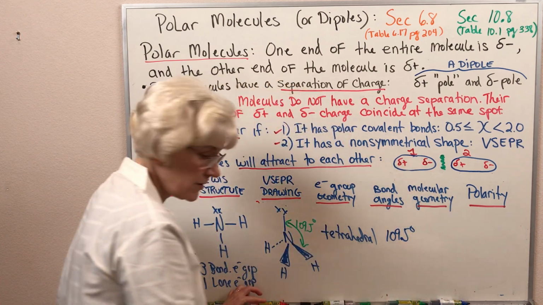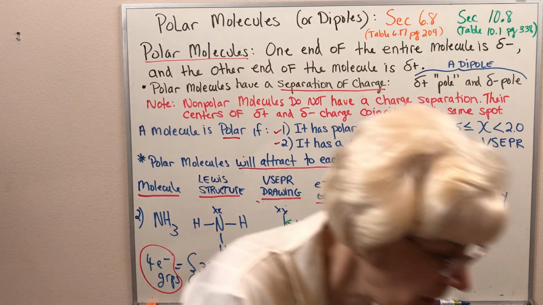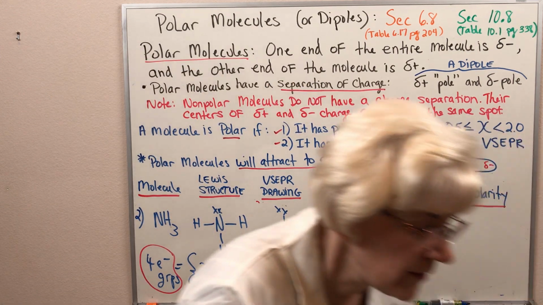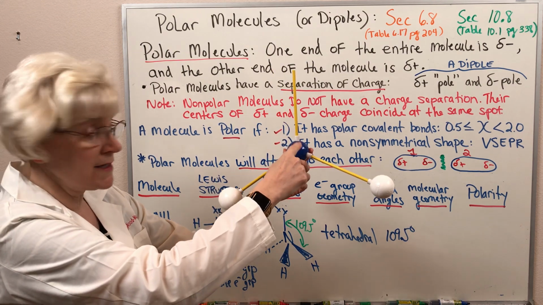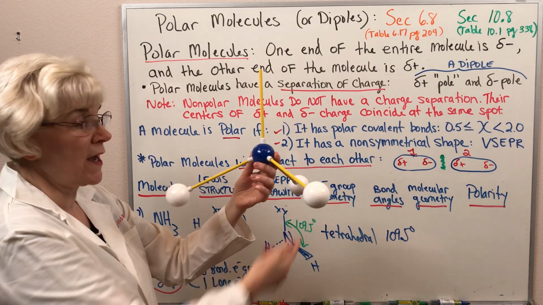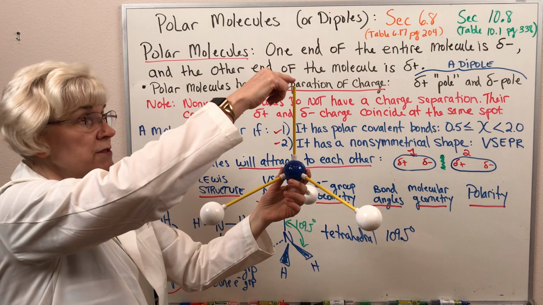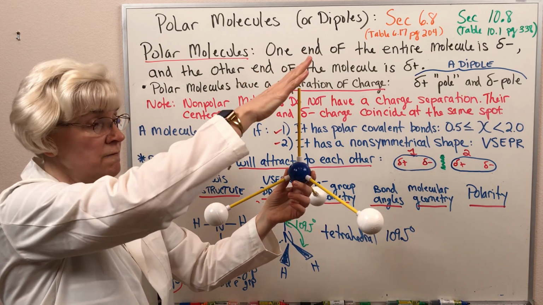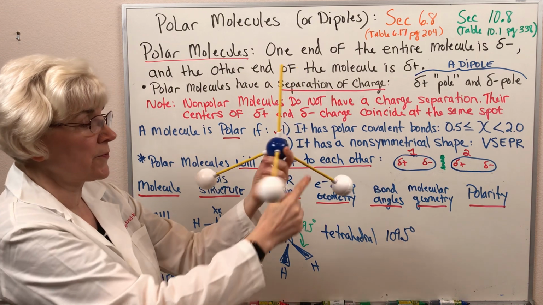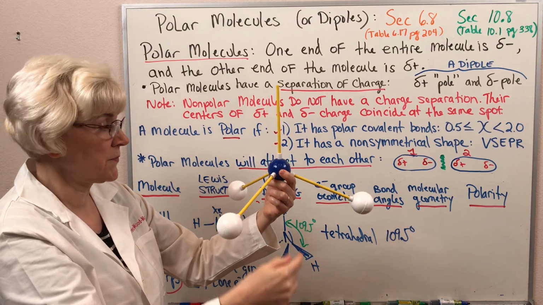Looking at the molecular geometry for ammonia, here is a model of ammonia. Blue is nitrogen, and the white balls are hydrogen. So here is our lone electron group, not involved in a bond, and our 3 bonding electron groups.